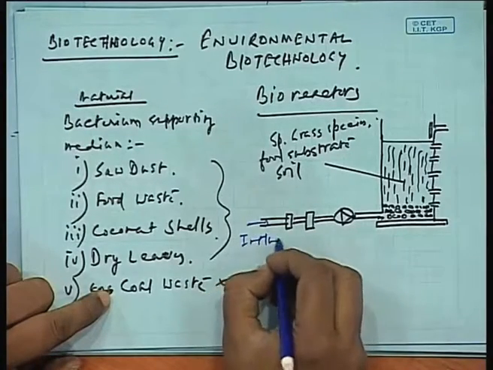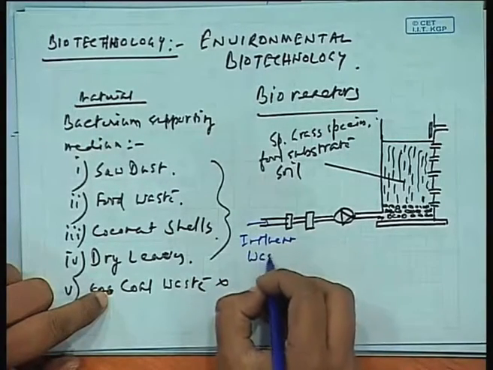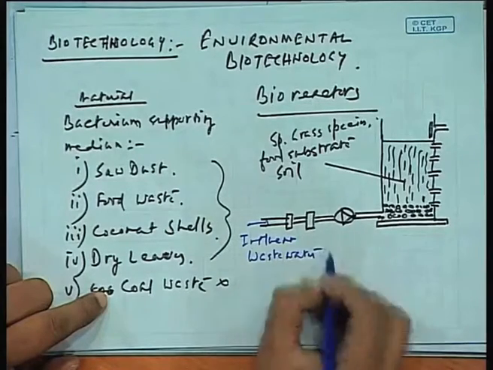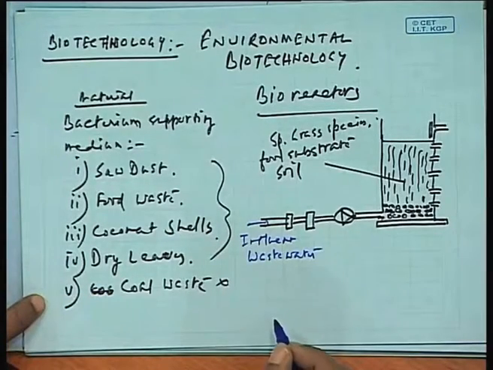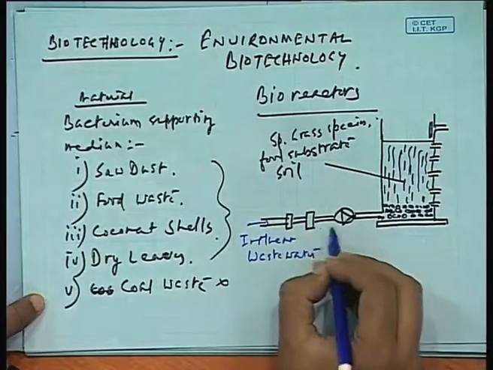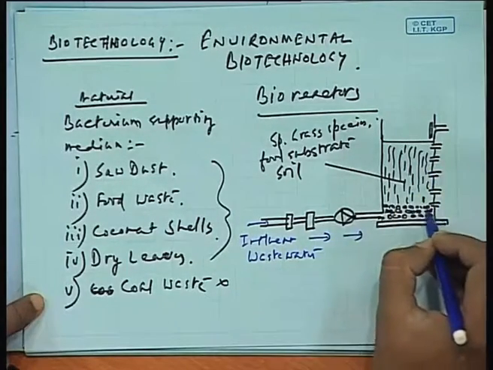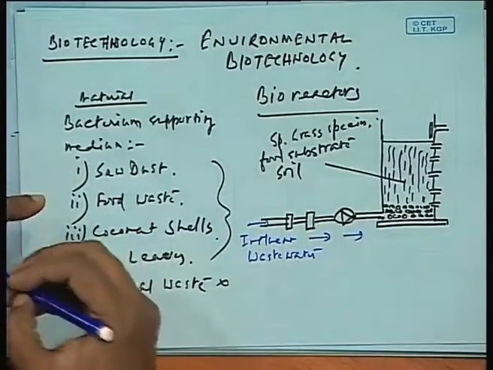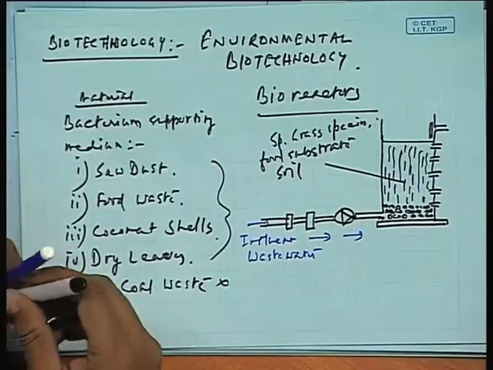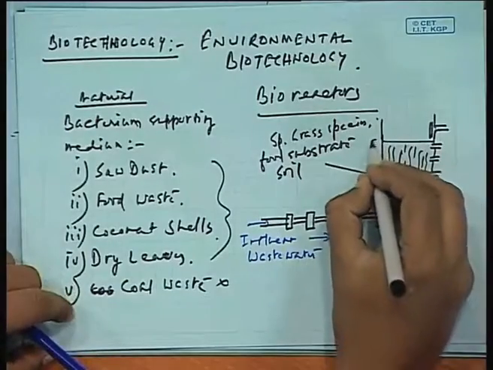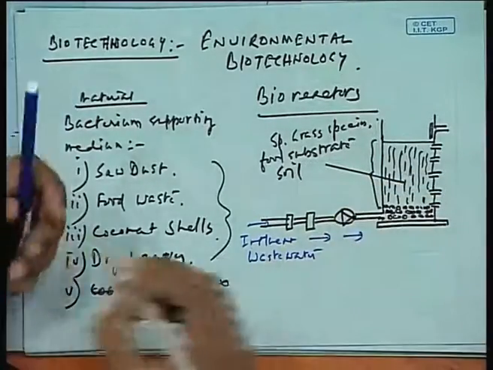Influent wastewater would flow like this. It enters a column like this, and this is the total column that is being discussed.